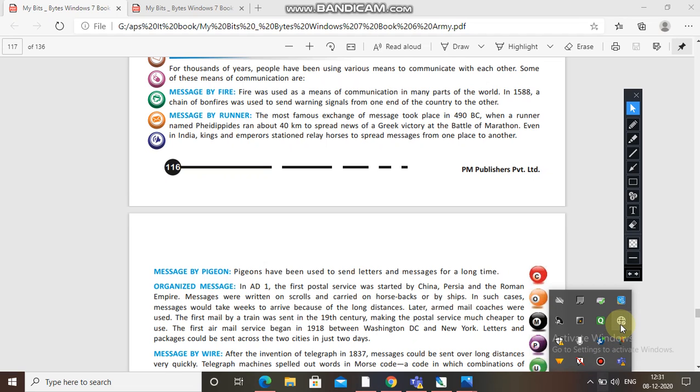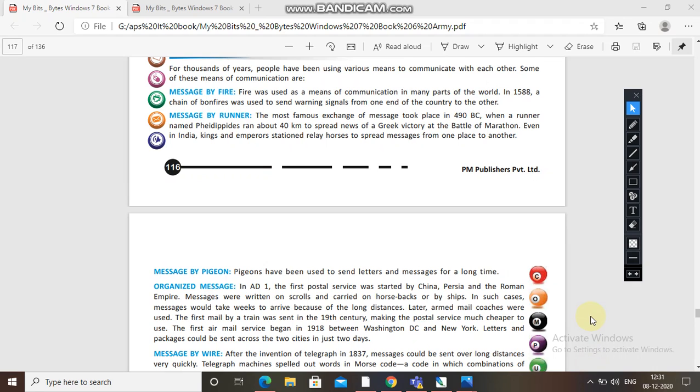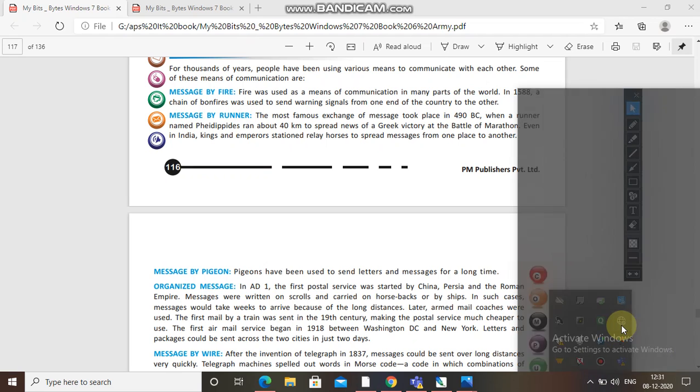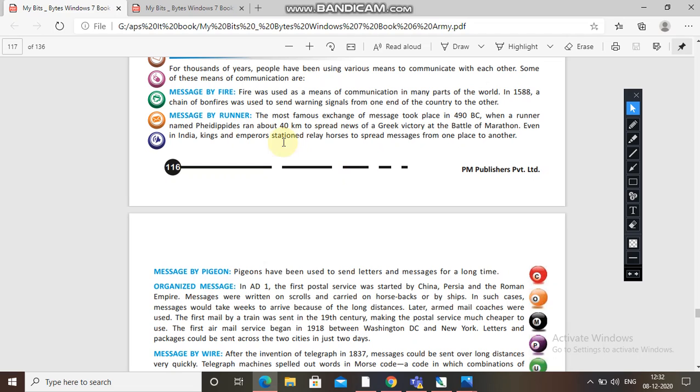Next, message by runner. The most famous communication means for sending messages took place in 490 BC, when a runner named Pheidippides, remember this word, Pheidippides, ran about 40 kilometers to spread news of the Greek victory at the Battle of Marathon.